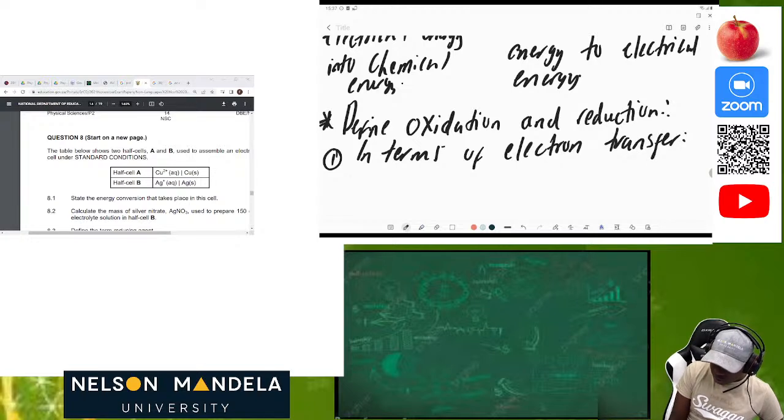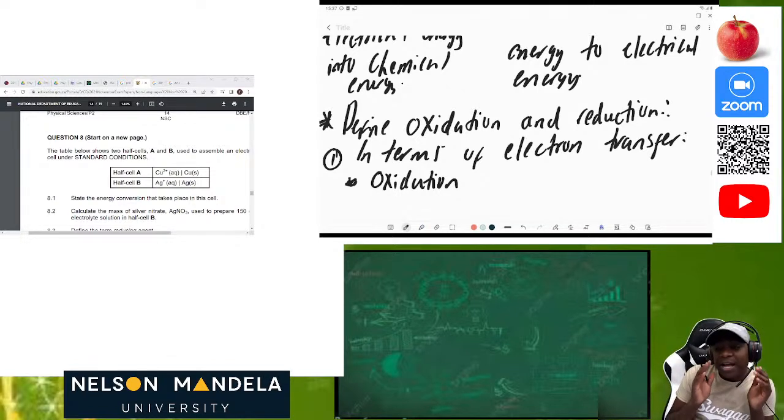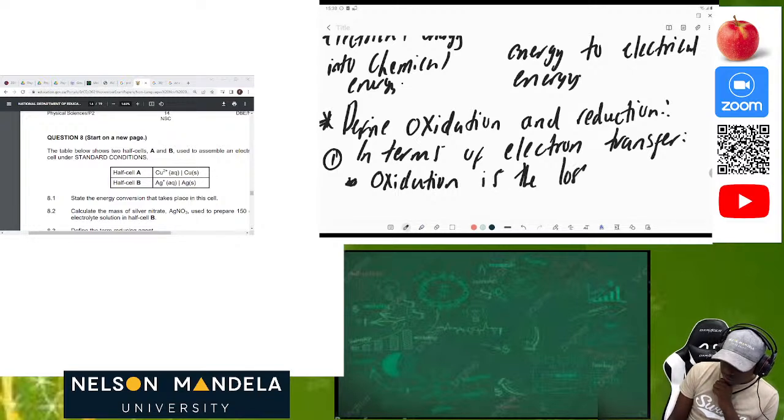So what is oxidation in terms of electron transfer? Oxidation in terms of electron transfer is the loss of electrons. Just like that. It's so easy. Oxidation is the loss of electrons.